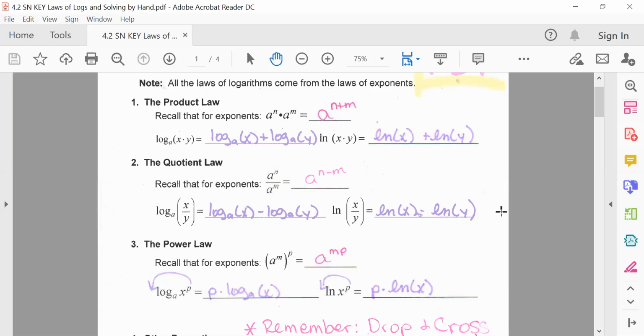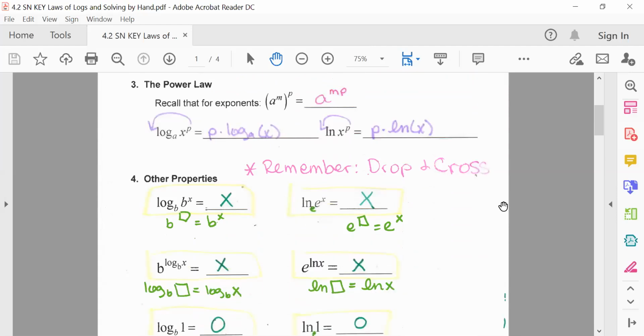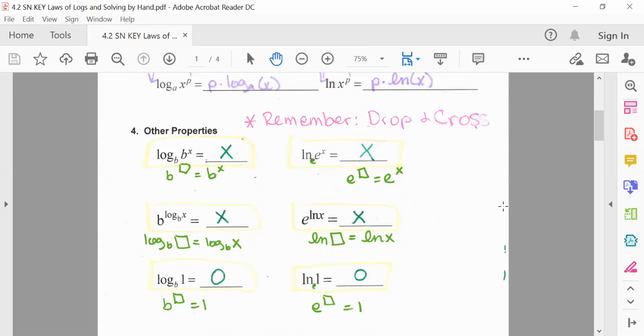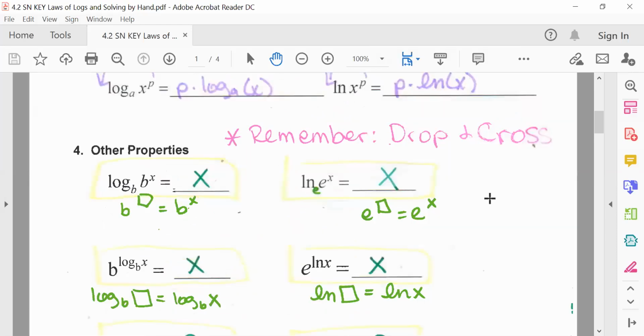All right, so last time we learned to drop and cross to convert from exponent form to log form, or backwards from log form to exponent form. Okay, so some of these special properties here are based on that drop and cross idea. So if we look here, log base b of b to a power.